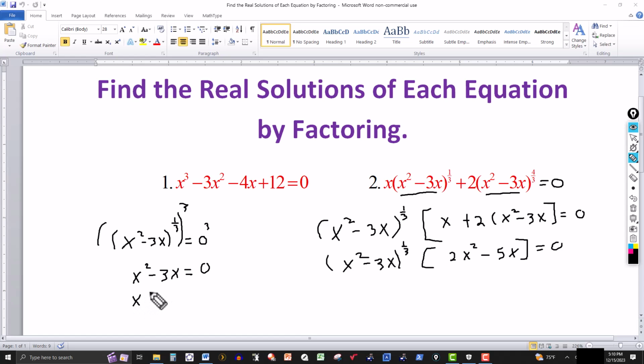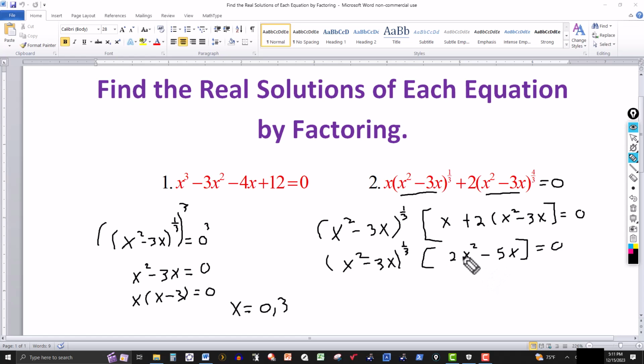And then here, we still have an equation equal to 0. We can factor the x. It'd be x times x minus 3 equal to 0. Again, the product equals 0, so it means x could be 0 or x minus 3 could be 0. So what does that tell us? It tells me that x can be 0 or x could be 3.